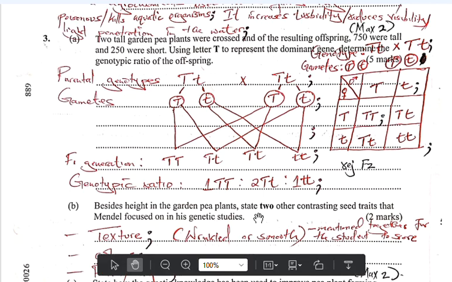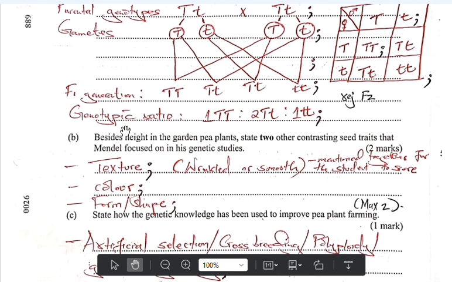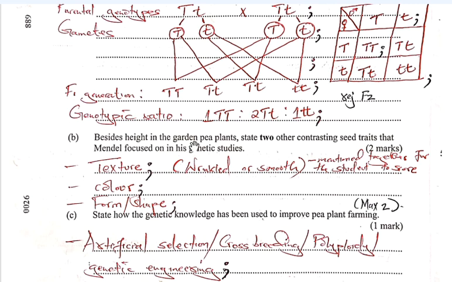Part B, besides height in garden pea plants, state 2 other contrasting seed traits that Mendel focused on in his genetic studies. Number 1, we have texture, either wrinkled or smooth.